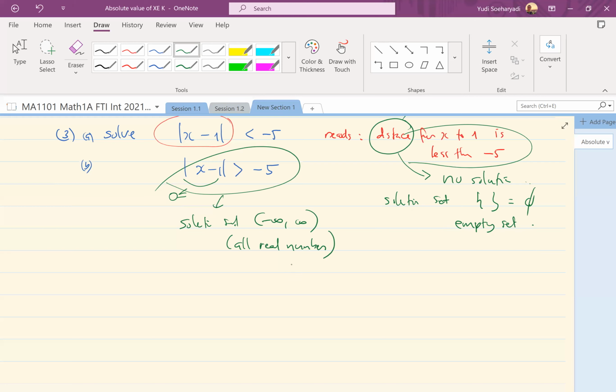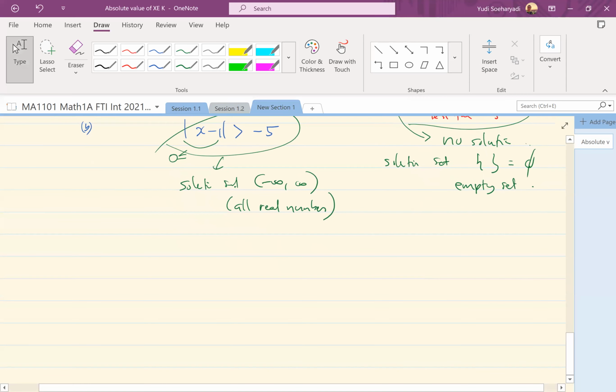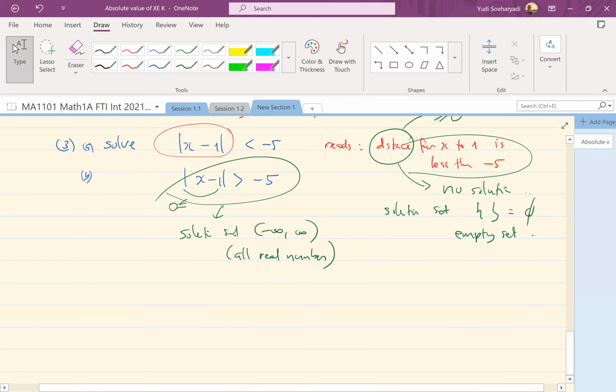You can see this easily just by looking at the absolute value as distance. All right, now let's do something you were told in high school: squaring. Let's do it by squaring.